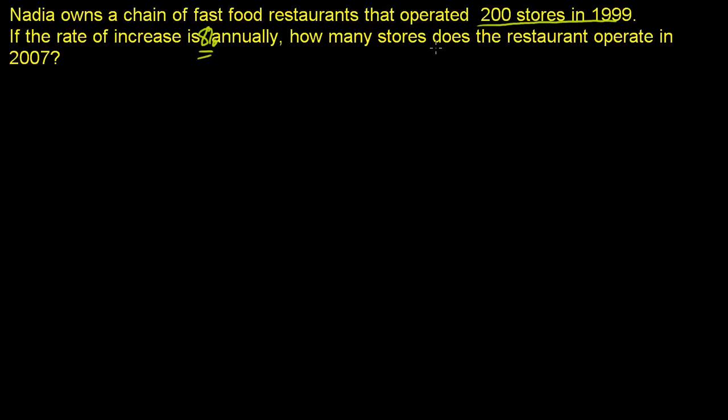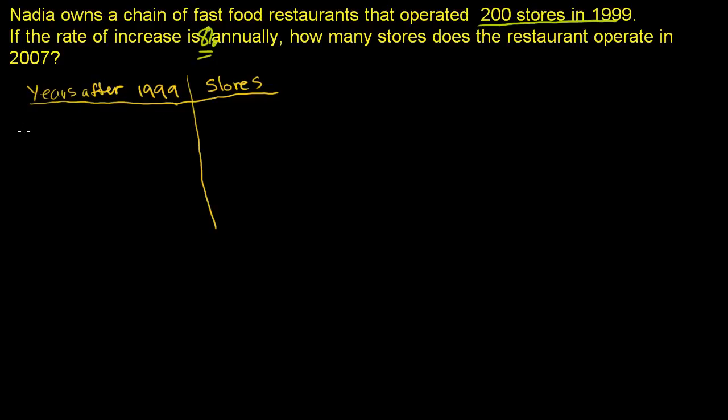How many stores does the restaurant operate in 2007? So let's think about the same thing. In 1999, so let's say years after 1999, and let's talk about how many stores Nadia is operating, her fast food chain.